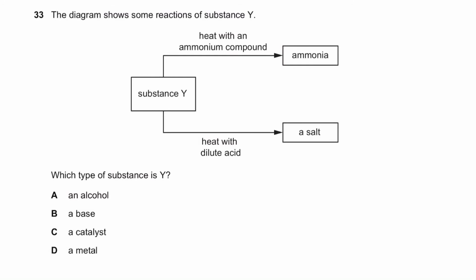Only one substance reacts with an ammonium compound to produce ammonia, a base. This is a common reaction, so remember this. And does a base react with dilute acid when heated? Yep, they do, and yes, they form a salt. The answer is B, a base.